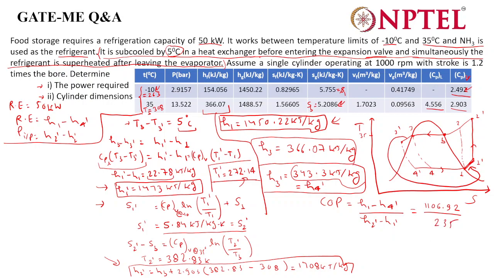Yes. So divide it and let me know how much it is coming. 4.7102. Okay, this is the COP of our cycle.